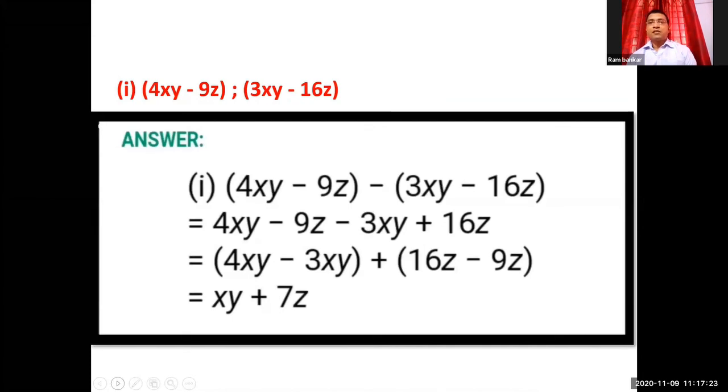So look at the answer: 4xy minus 3xy, 4 minus 3, how much? 1xy. No need to write 1. Then 1xy plus 7z is the answer. So xy plus 7z is the answer of the first expression.